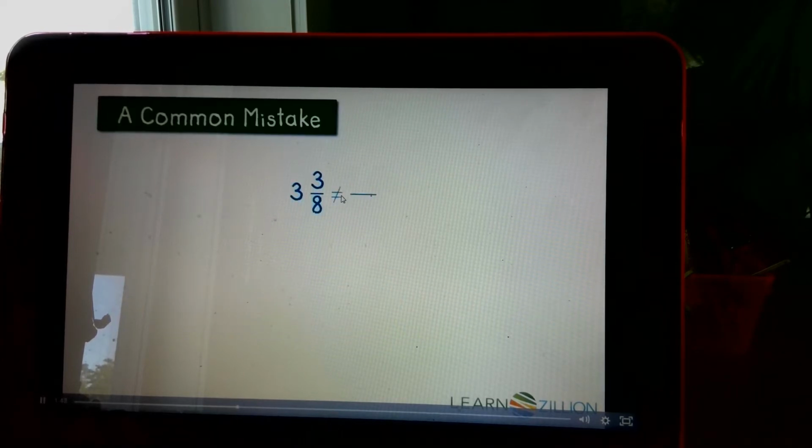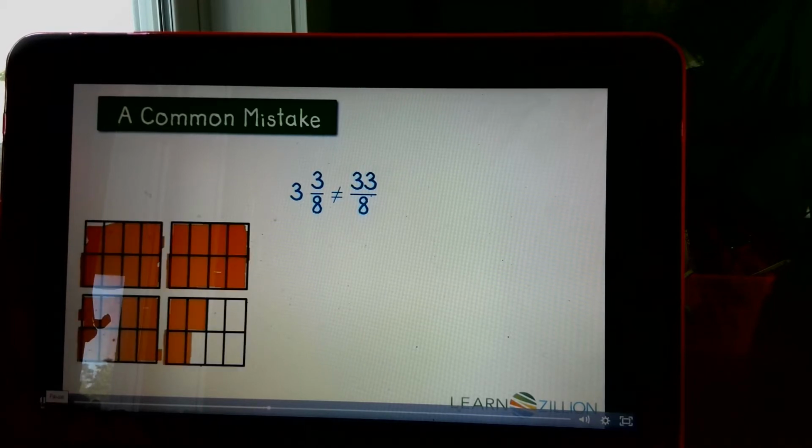Here's a common mistake. The whole number, 3, is placed next to or in front of the numerator 3 to make 33. This improper fraction is different from 3 wholes and 3/8 of a whole. When we create an area model, we have an area model that is equally divided into 8 parts to make a whole.